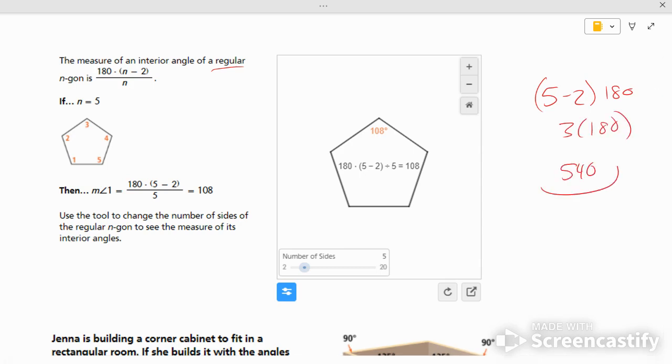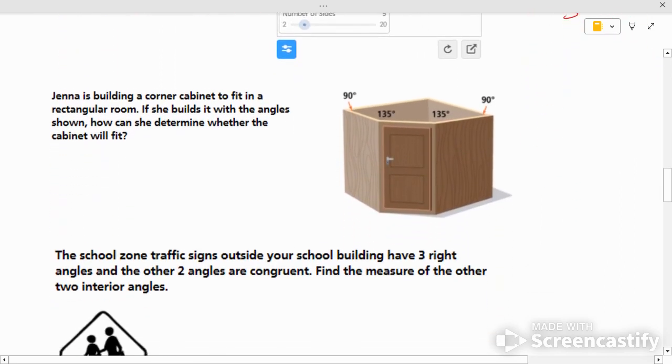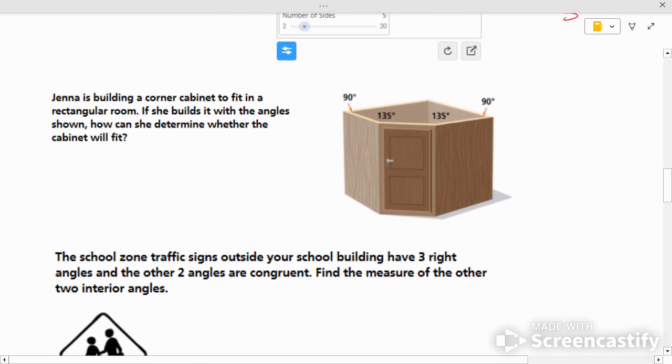If we know there's 540 degrees in this, then we take the 540 and divide by the number of sides to get how much each angle is. So if you see the word regular, that means all the angles are the same. Then you take the angle sum that you find divided by the number of sides, or the number of angles.